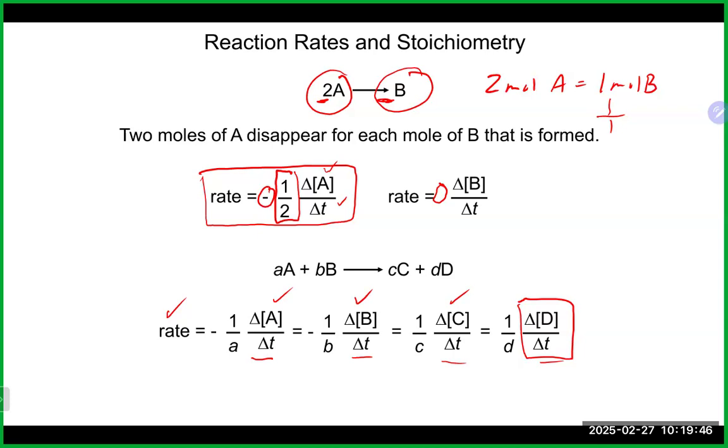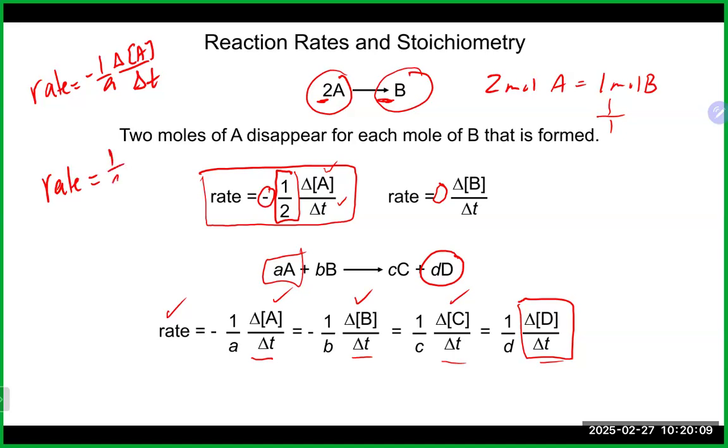So let's just say, for example, like I just said, that we knew something about D, but we were interested in A. You could write the whole thing, or you could just write the two expressions that are in play here. And we could write separately that the rate is equal to negative 1 over the coefficient of A, times the change in concentration of A over the change in time. And we could write the rate is equal to 1 over the coefficient of D, times the change in concentration of D over the change in time.